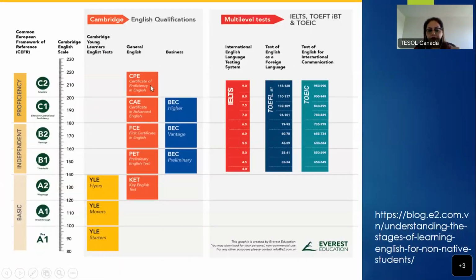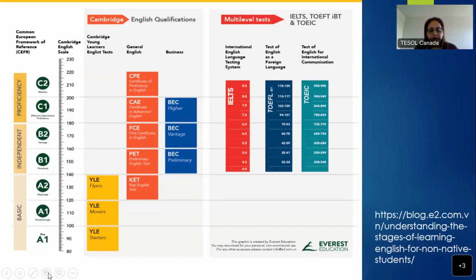But before that, look at the Cambridge English qualification table. It's based on IELTS, TOEFL iBT, because we have paper-based and iBT. I don't think paper-based still runs anywhere, but iBT is very common, which is computer-based, and TOEIC.